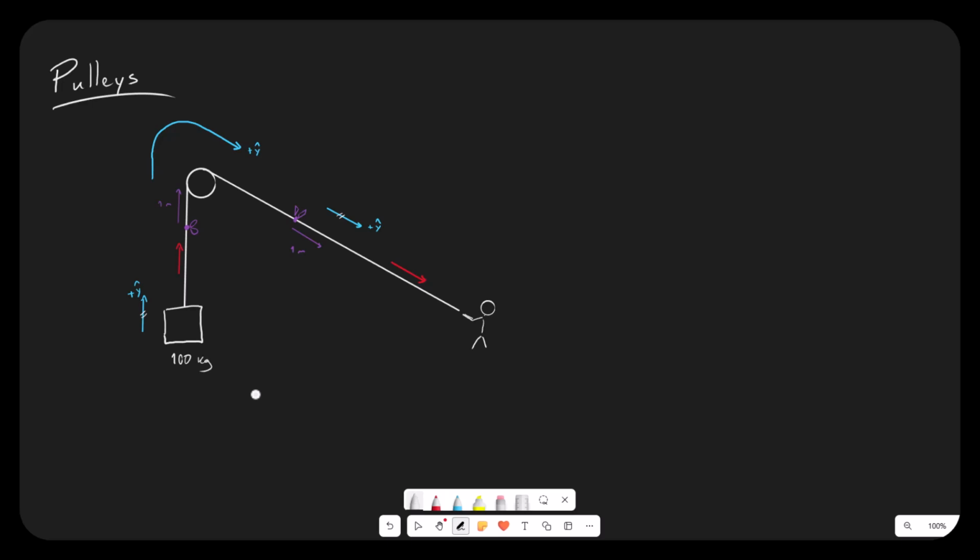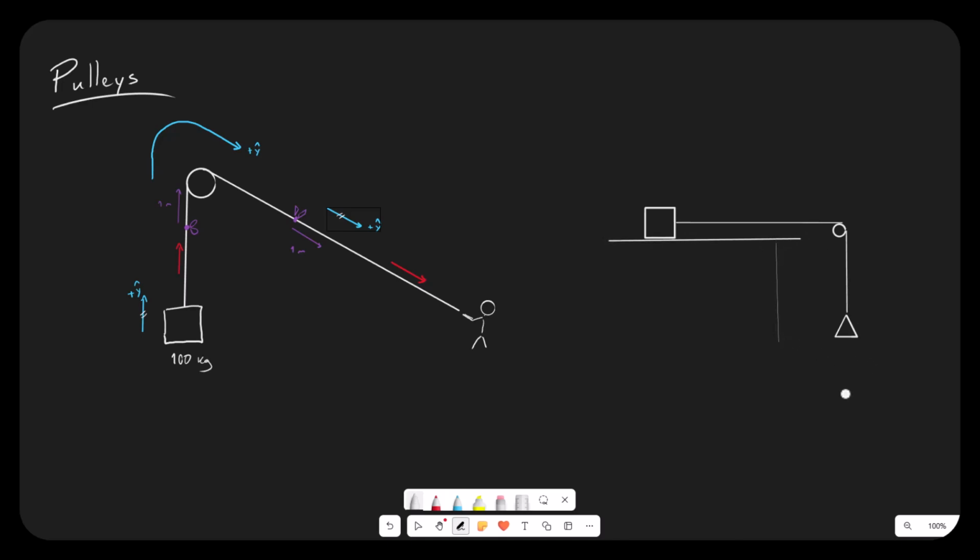So I'm going to give a very beginning situation of this. Maybe I have a box like this, attached to it is a rope. Rope goes over a pulley. And we'll do a triangle mass down here, and this thing is sitting maybe on a table.